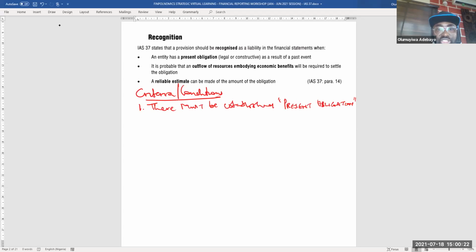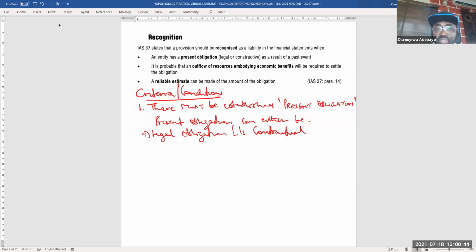Now, one thing you need to know is that present obligation can either be a legal obligation. Legal obligation is contractual in nature, or because it is what can be admissible in a law court in case of litigation or disputes. And two, it could also be constructive obligation.